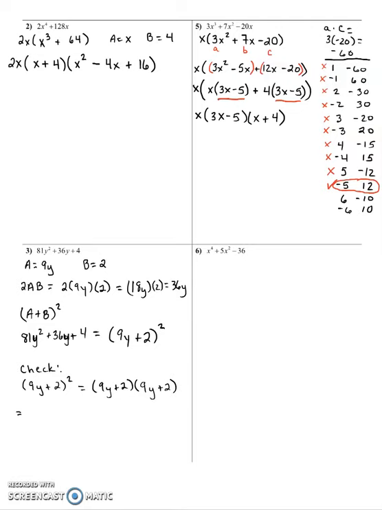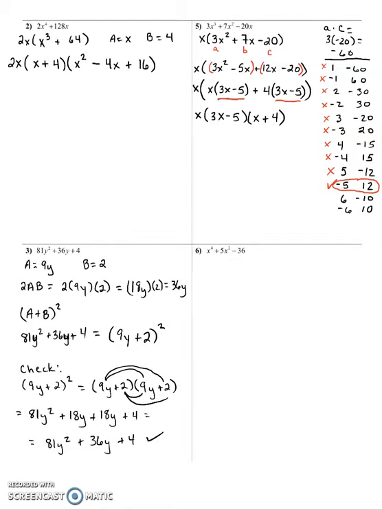So we have 9y times 9y is 81y squared. 9y times 2 is 18y. 2 times 9y is plus another 18y. And 2 times 2 is plus 4. And if we combine our like terms, we get 81y squared plus 36y plus 4, which is what we started with. Good.